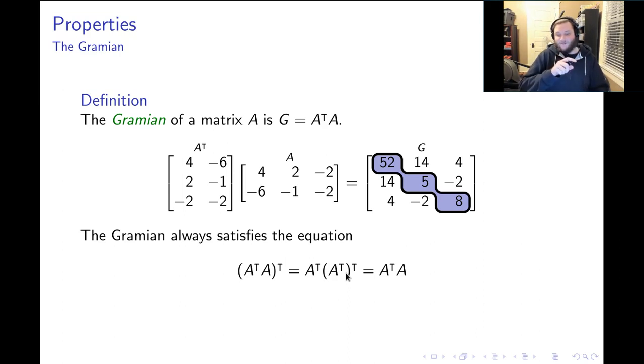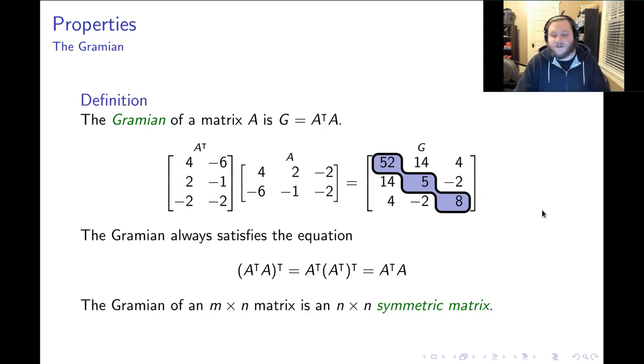This is the one-line proof, which only needs two equal signs, that the example we're looking at here is not rare. This always works. So the first interesting thing we can say about the Gramian of any matrix is that the Gramian of any matrix with n columns is always an n by n symmetric matrix.